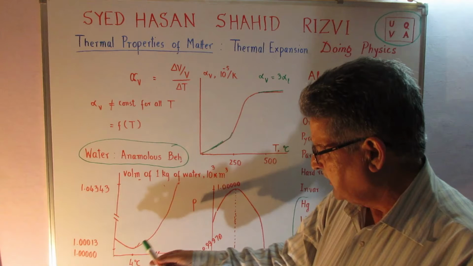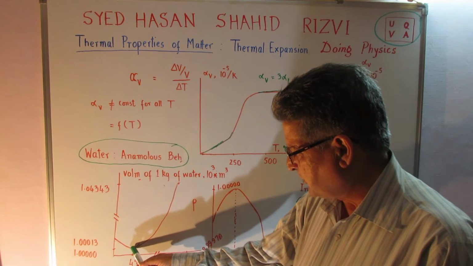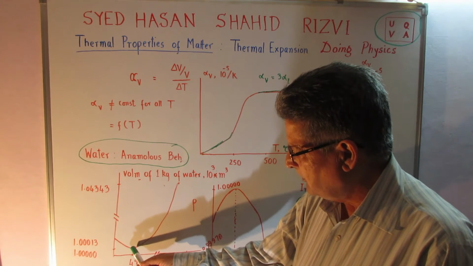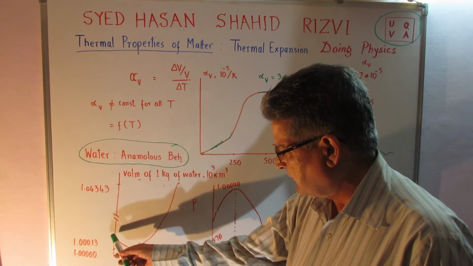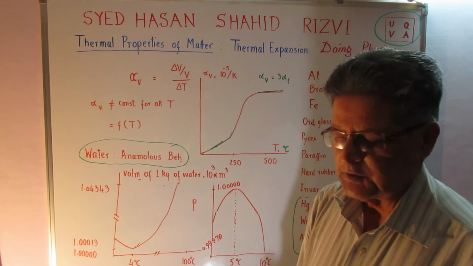On the reverse journey, it contracts up to 4 degrees Celsius, and thereafter it expands.